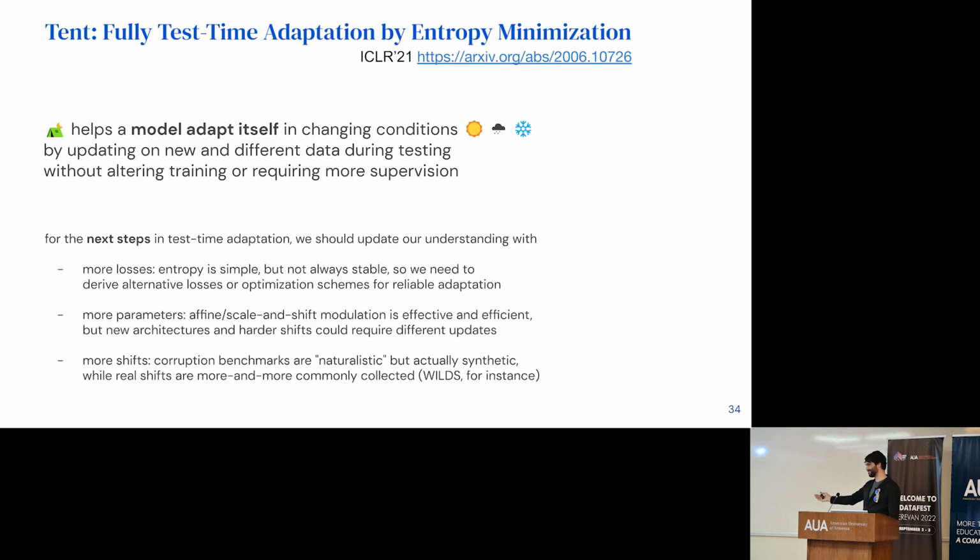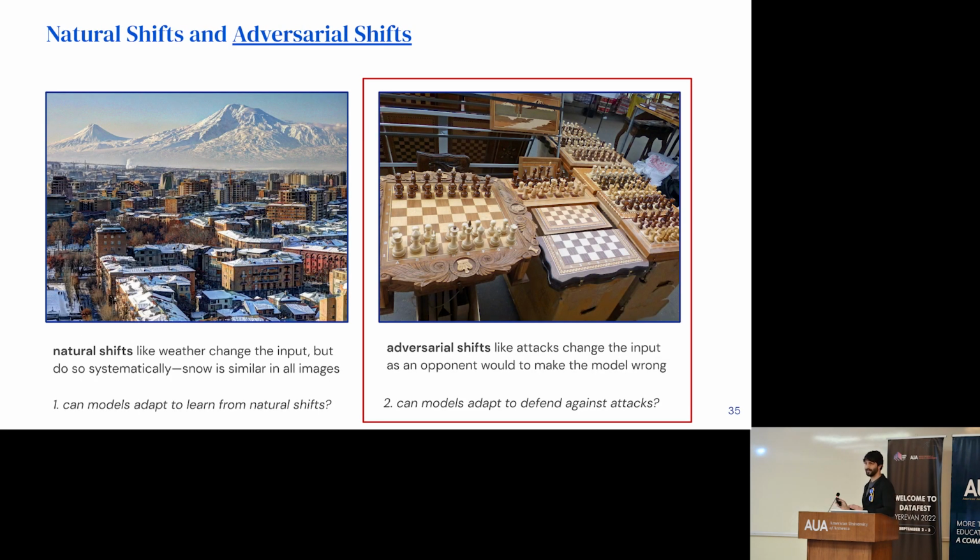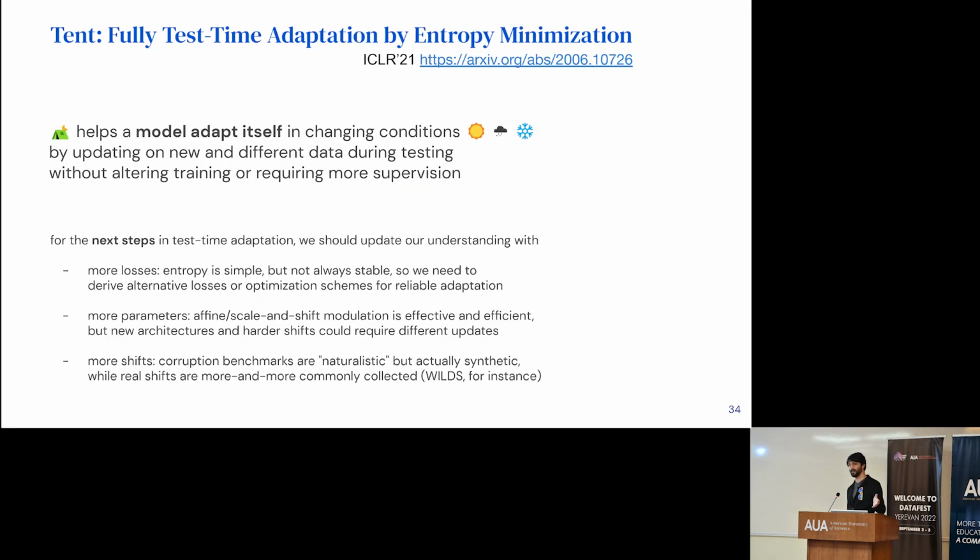Tent can work on that one. I've done the experiment, but the question is, what about even more shifts? There are things to check here and a lot more to be done. So having looked at natural shifts, I'm going to now get into adversarial shifts, what we can do with attacks. But are there first any questions people have about the natural shift case? I'm also happy to take questions at the end, but please.